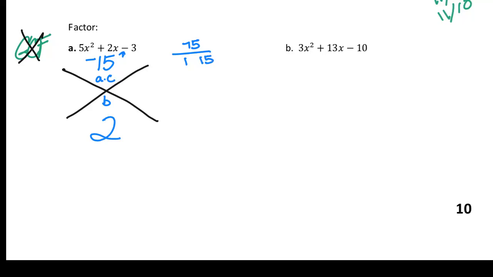How about 2? Is 2 a factor of 15? No. 3? Yes, 3 and 5. Because this is positive, what sign do my largest factors take? Positive. The smaller ones are negative, and the two that add up to a positive 2 are negative 3 and positive 5.